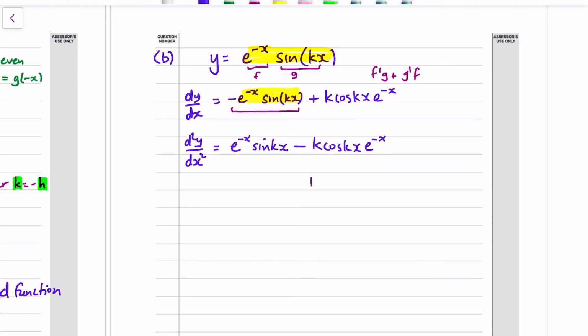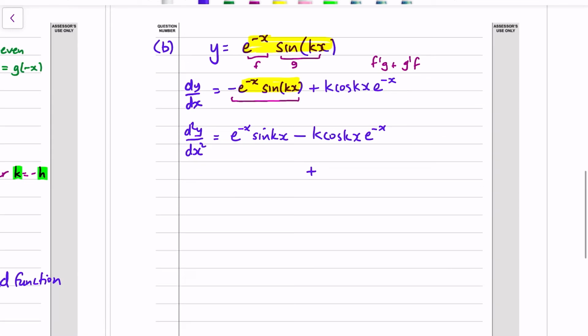And now the second term differentiated, this is going to be u, and this is going to be v. And I want u dash v plus v dash u. u differentiated is, or cosine differentiates to minus sine, and we're going to get another factor of k in there.